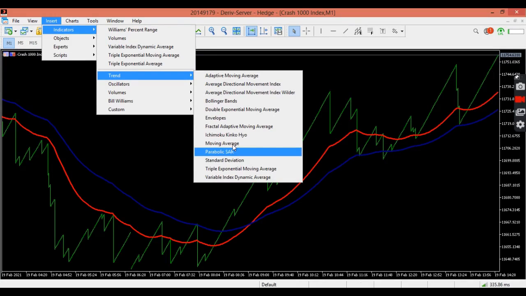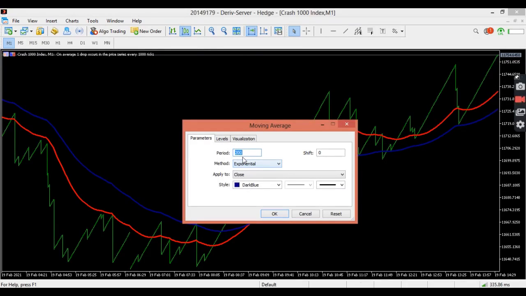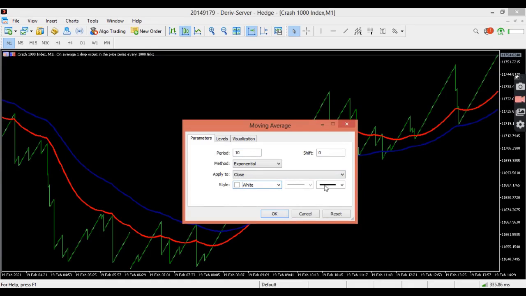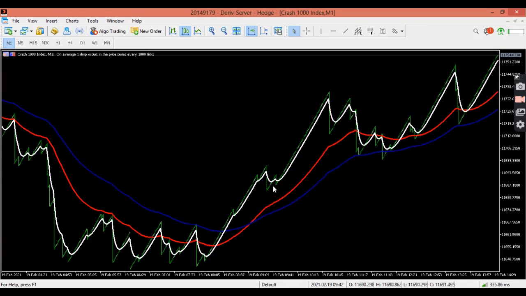Sorry, I'm having catarrh because of a cold, but I'm getting better. The settings for this moving average: period 10, shift 0, method exponential, apply to close, color white, since we are changing it from black, and 2 pixel. That's all.